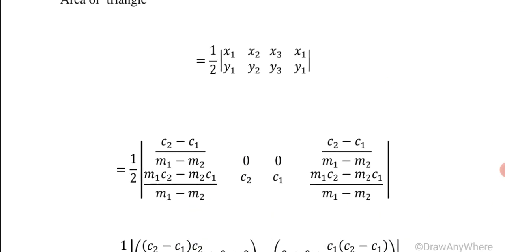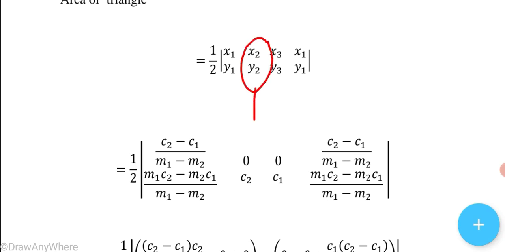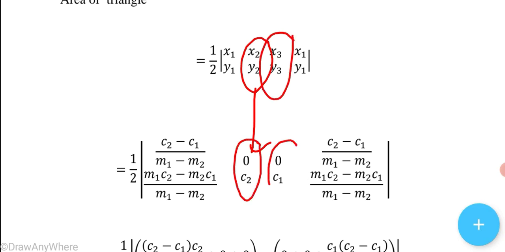Similarly, x2 y2 is 0 comma c2, and x3 y3 is 0 comma c1.